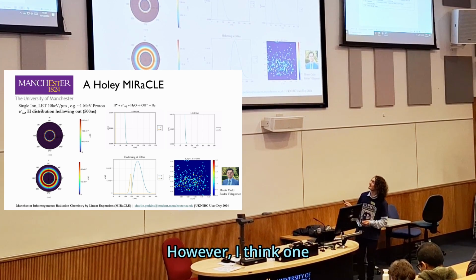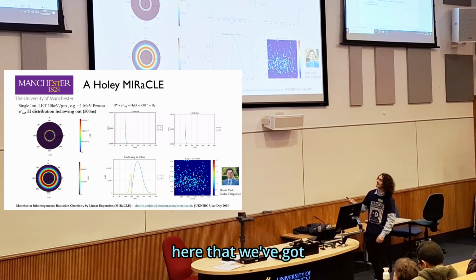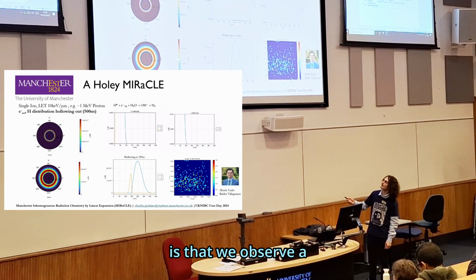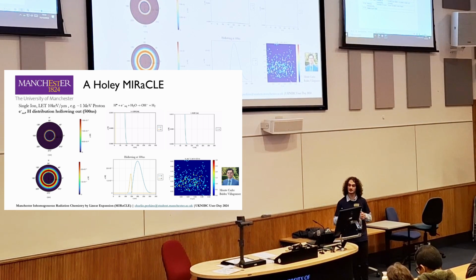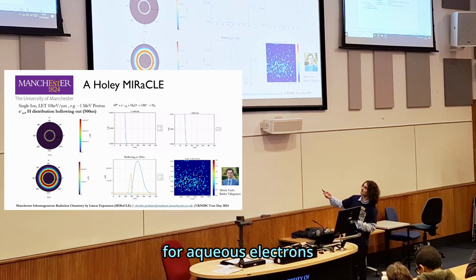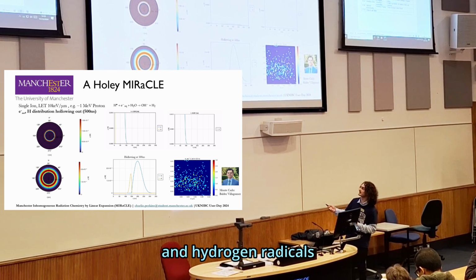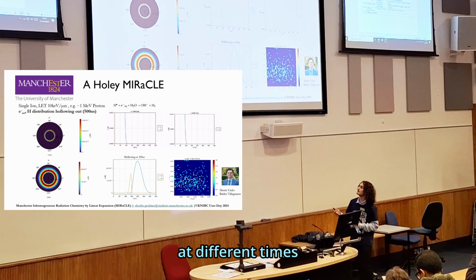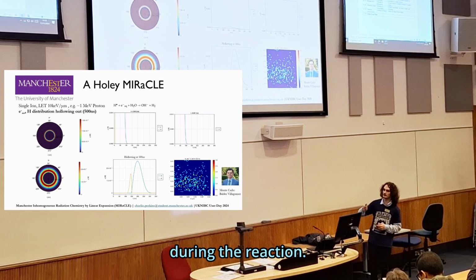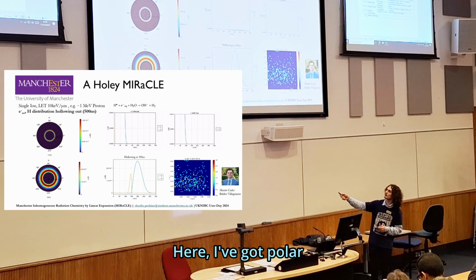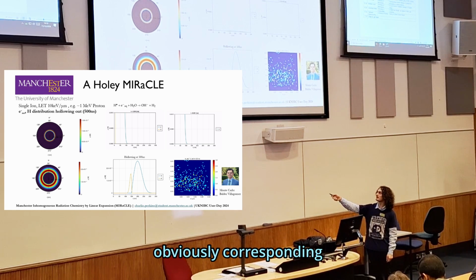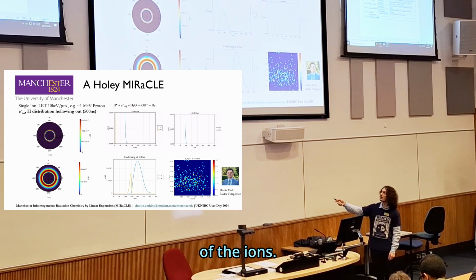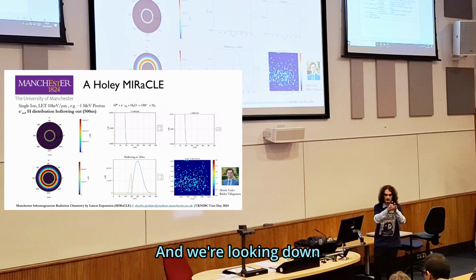However, I think one of the most interesting results that we've got is that we observe a hollowing out of the concentration distributions for aqueous electrons and hydrogen radicals at different times during the reaction. Here I've got polar plots at 500 nanoseconds, where the colour corresponds to the concentration, and we're looking down the beamline.